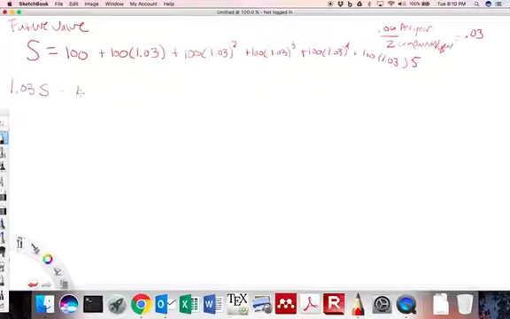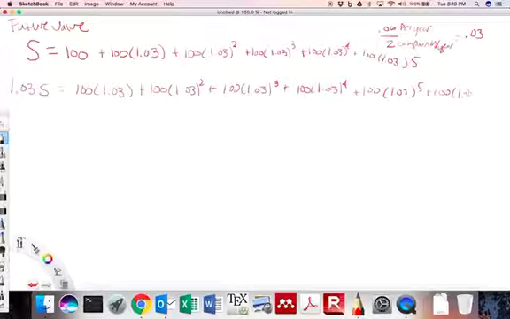We can do that. 100, 1.03 to the third, 100, 1.03 to the fourth, plus 100, 1.03 to the fifth, plus 100, 1.03 to the sixth.